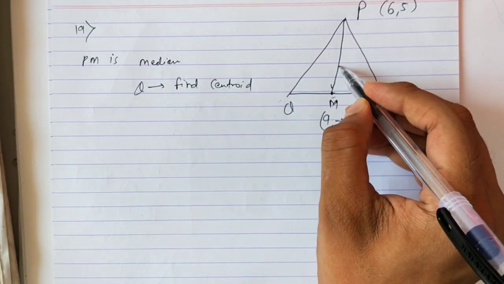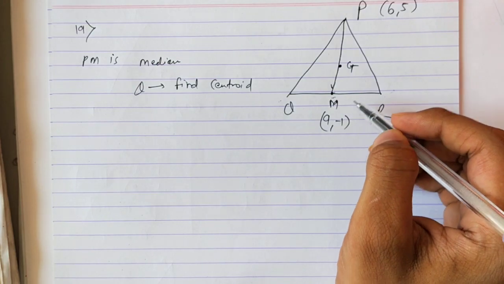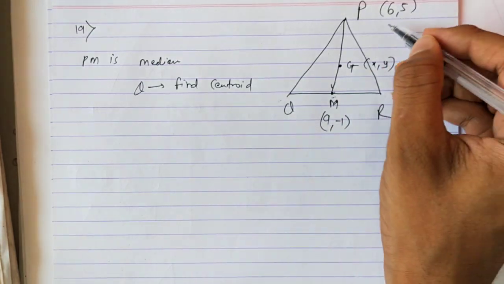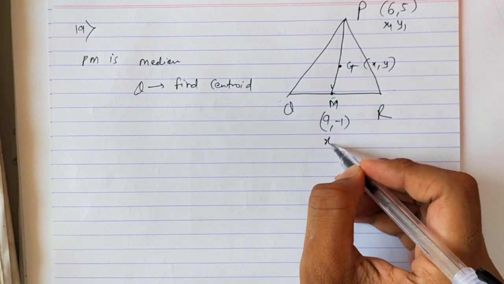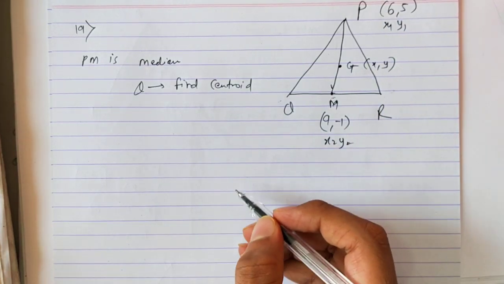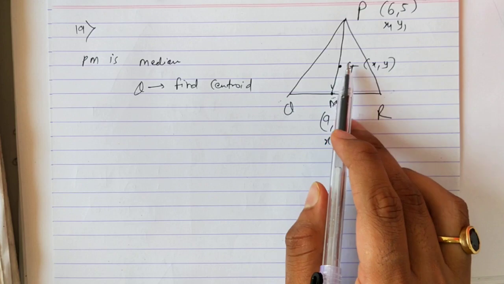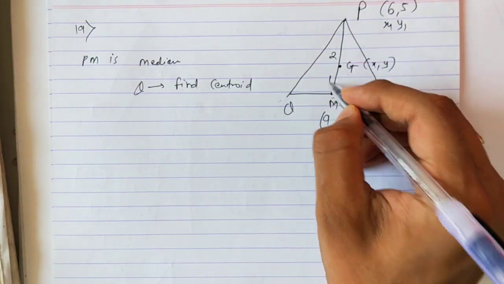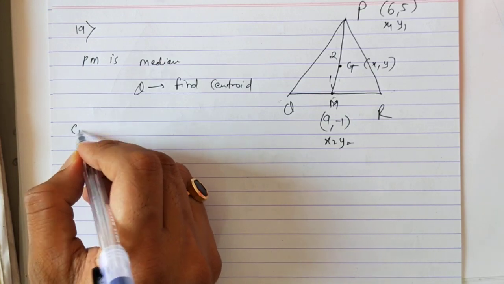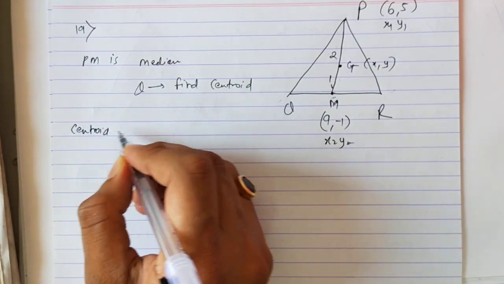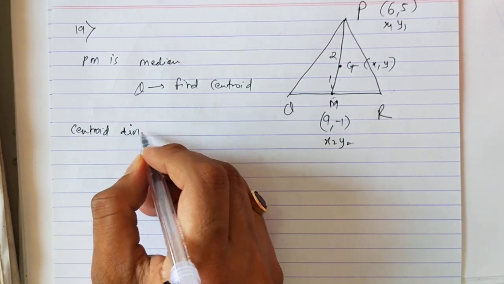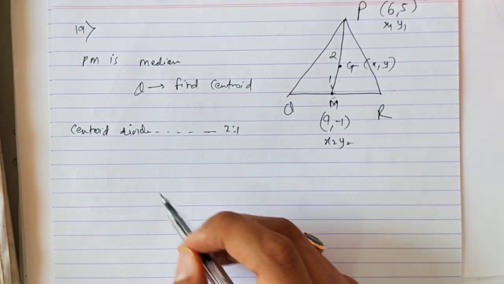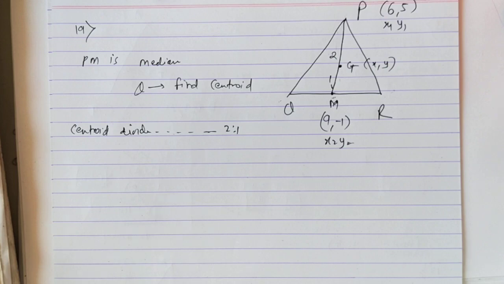So let's say the centroid is denoted by G, and let's name it x, y. Let this point be x1, y1, and this point be x2, y2. Centroid divides the median in the ratio 2:1. That is fixed. We can write the same statement here, that centroid divides the median in the ratio 2:1, the same statement which we wrote in the previous sum.